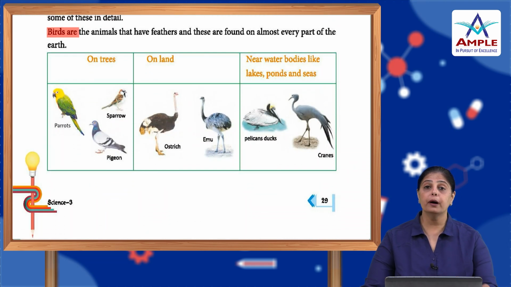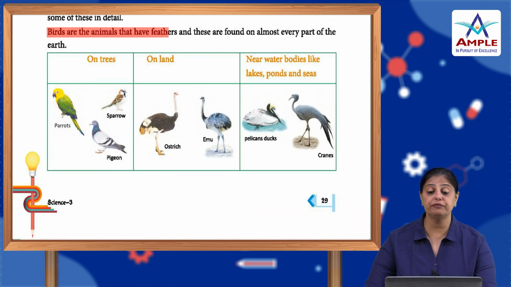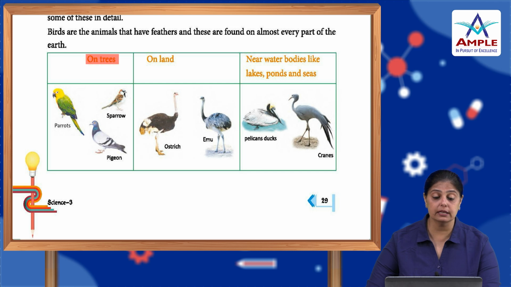Now birds are the animals that have feathers and they can be found on almost every part of the earth, isn't it? So we can find them on trees, like parrots, sparrows, pigeons. We can find them on land like ostrich, emu, and we can also find them near water bodies like lakes, ponds and seas, like you can see pelicans, ducks, cranes in these different parts.